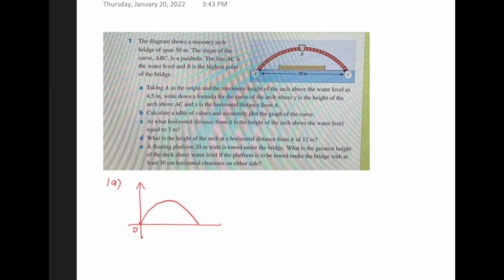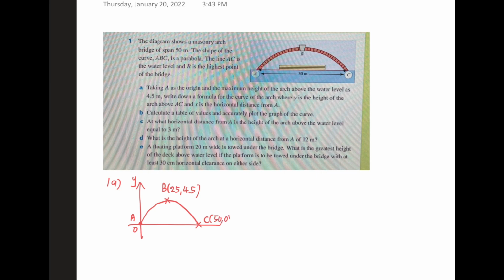So imagine that is a graph like this actually. Where this is the origin, 0. This is point A. And then point B, the maximum height is 4.5, and this is in the middle, 25, 4.5.